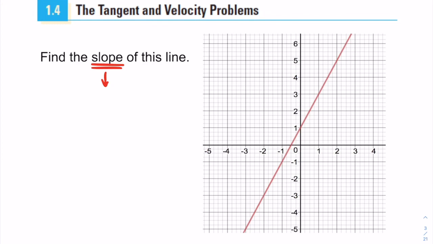What does slope define? Okay, so you got to understand that slope, in terms of a picture, you're really looking at the steepness of a line. Okay, is it shallow or is it really steep, right? But what does it really mean? So we're really finding a rate of change.